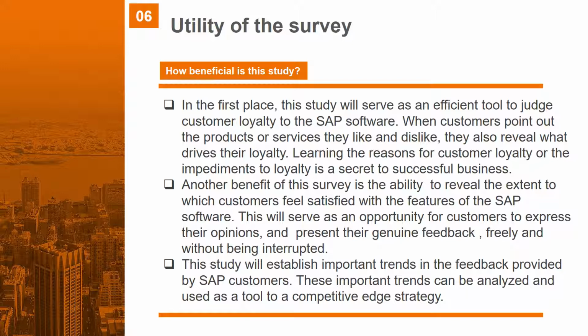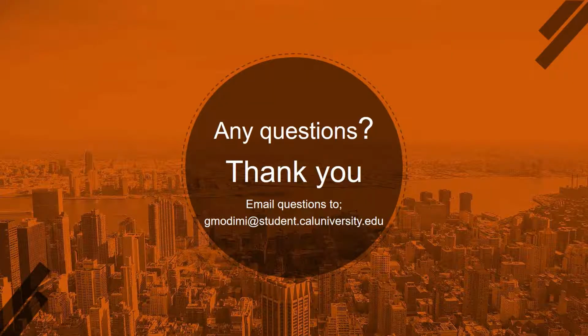So it is very important for these businesses to be on top of their game, to understand what is changing, to understand how the customers perceive their products, to explore those trends, and to understand those areas that need improvement, so they can continue to satisfy the customers and remain on the competitive edge of the enterprise resource planning software market.